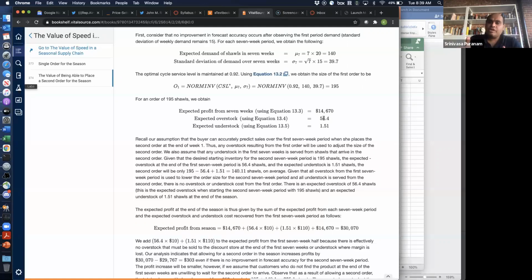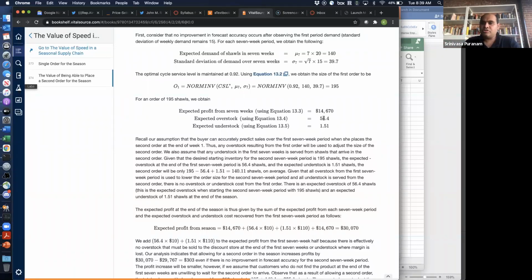So if you end up with an overstock, you will order less the next time. If you end up with an understock, you'll order more in the second half of the season. You don't know exactly what's going to happen at the beginning of the season, but you know exactly what's going to happen for the first 7 weeks after you notice the first week.